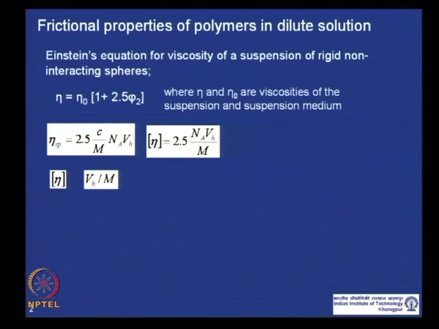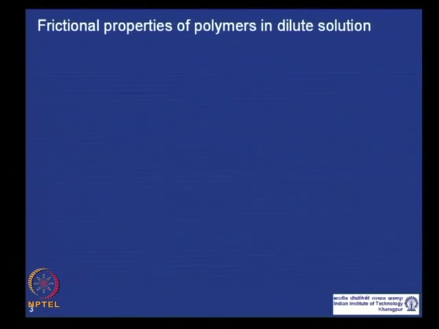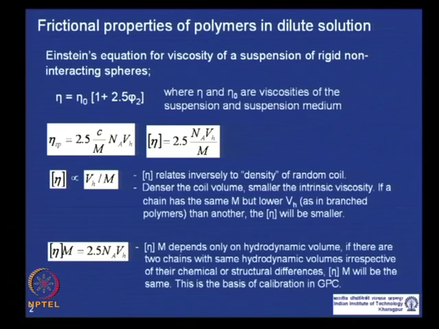Now, what does it mean? It means that intrinsic viscosity is proportional to VH by M. VH by M is volume by mass of the polymer coil. This is the volume of one polymer coil, and M is the molecular weight, that means the mass of one polymer coil.